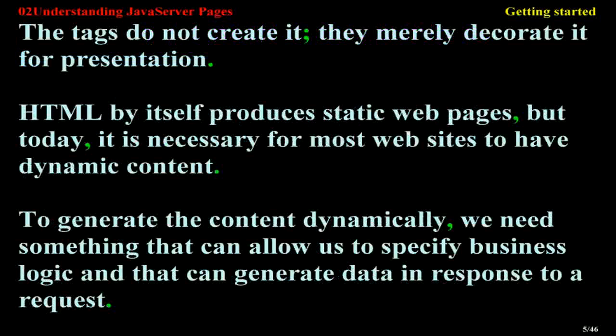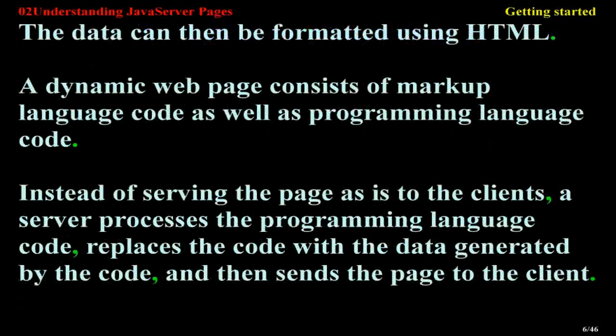They merely decorate it for presentation. HTML by itself produces static web pages, but today, it is necessary for most websites to have dynamic content. To generate the content dynamically, we need something that can allow us to specify business logic and that can generate data in response to a request. The data can then be formatted using HTML.